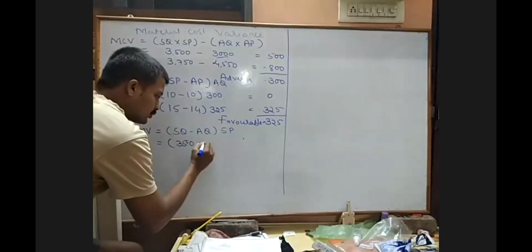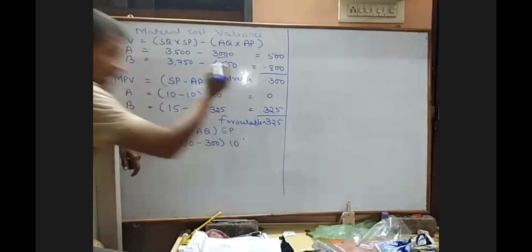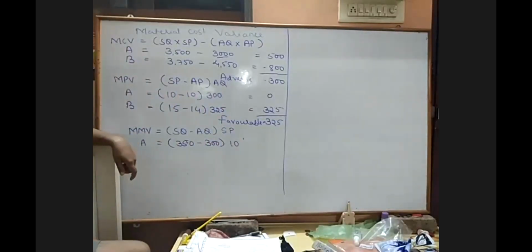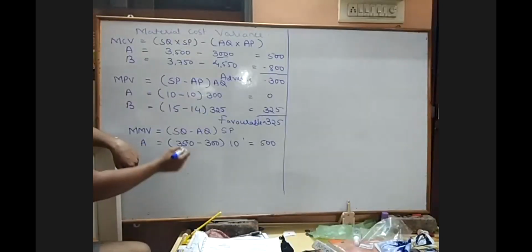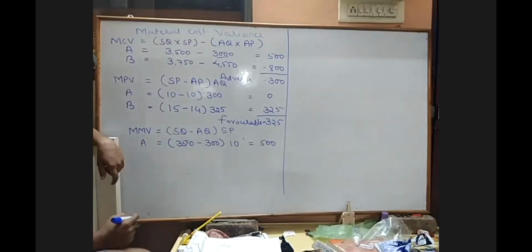Standard quantity is 350, minus actual quantity 300, and the standard price we know is 10. So this will be 500, and that is plus, which means it is favorable because here the standard is greater than actual.